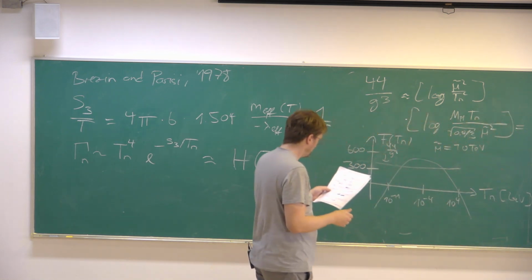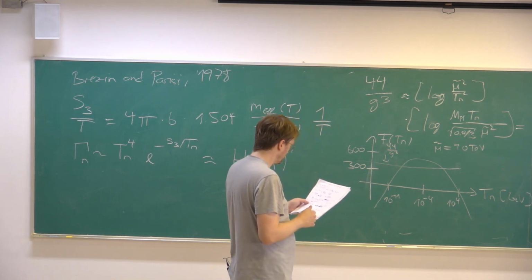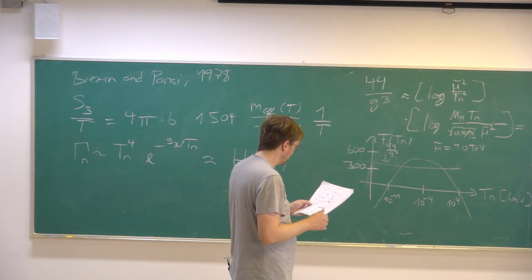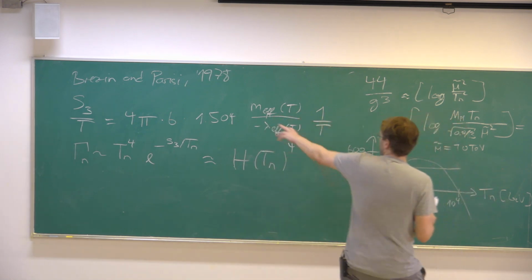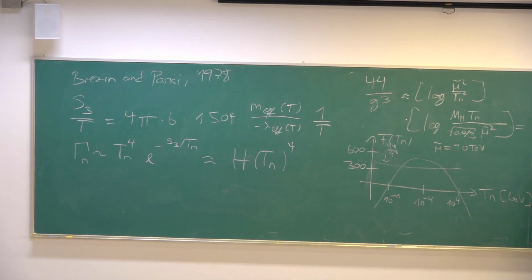This was the quantity that we wanted to be small for the gravitational waves to be strong. Now you can just plug in this expression here and work it out. And what you get is that it goes like 88 over g squared, times 1 over log of Tn over mu tilde, all squared.